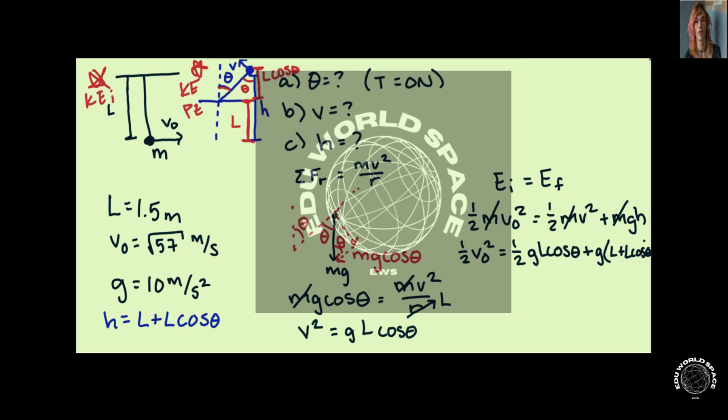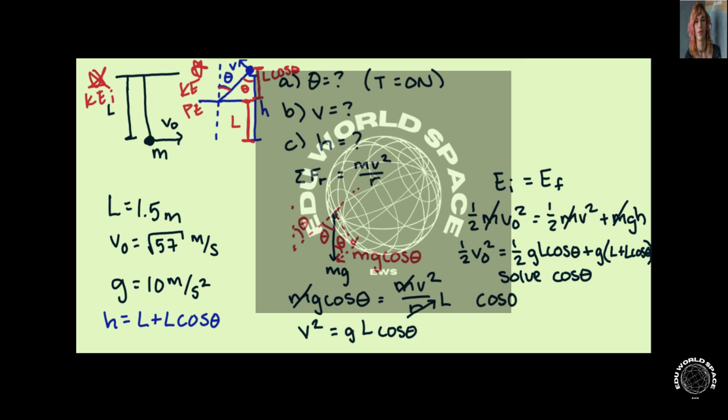And I'm running out of space on the screen here, but we want to go ahead and simplify. I'm going to skip over some of those algebra steps because you should be well versed in algebra, but you're going to do some algebra to solve for cosine of theta.